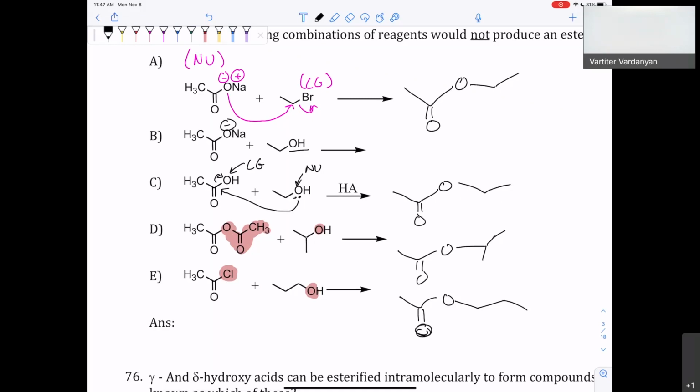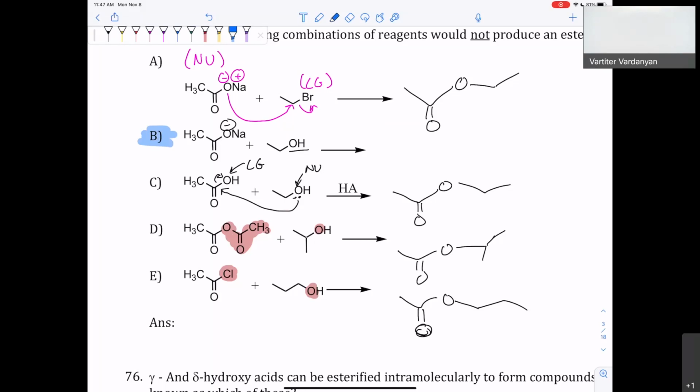Okay. So A, C, D, and E. A is a little bit different than the other answer choices because it is a different type of mechanism. But the big thing here is that in answer choice B, the OH is a terrible leaving group. And we have two nucleophilic species that don't really want to interact with one another. And if they did react, it would be like a way different reaction mechanism and it would be super unstable. So for that reason, B is not really going to react to form an ester.